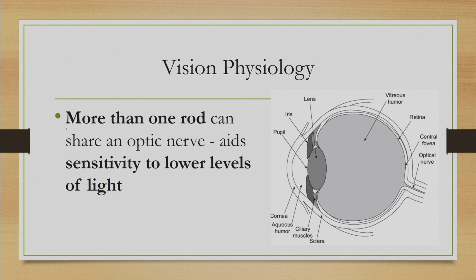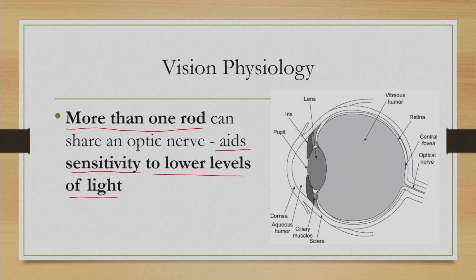One more thing, now more than one rod can share an optic nerve. So, there can be more than one rod for each optic nerve that is there in retina, and the rods are there to help in one thing, that is it aids sensitivity to lower levels of light.